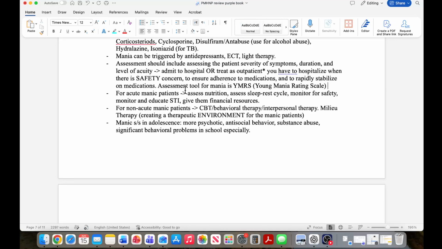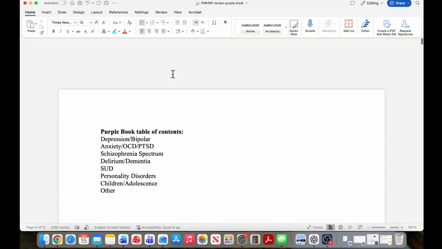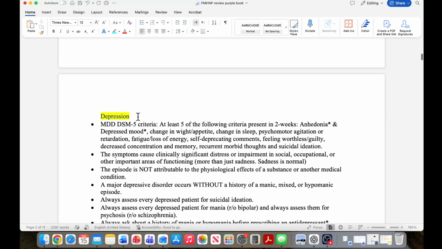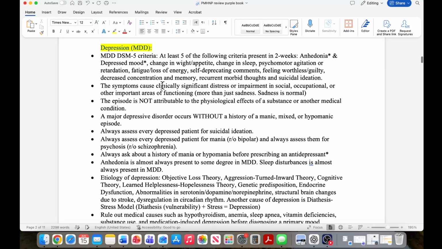All right, the last section of this chapter, I have one more thing. It's cyclothymic. Okay, cyclothymic disorder. You see how depression, or I should say MDD, major depressive disorder, is its own thing.